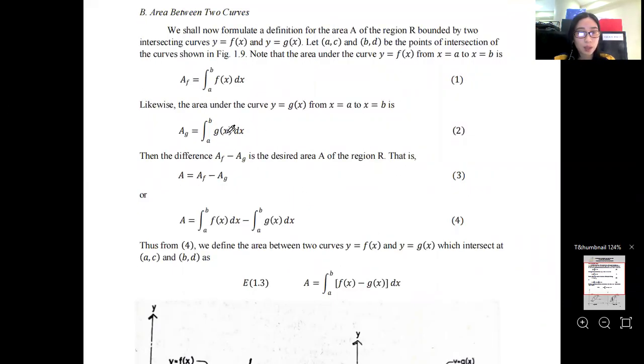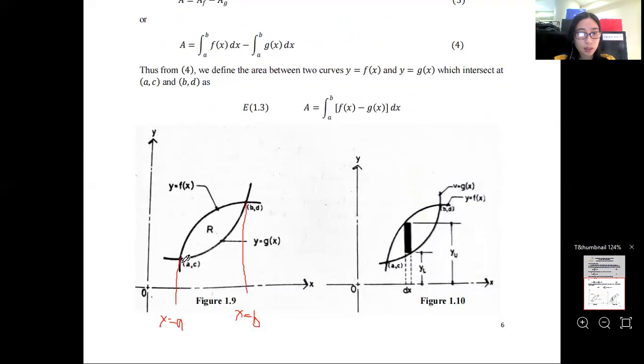so if this is the first curve, y is equal to f of x, then the limit is x equal to a to b. Then the second curve, which is y is equal to g of x, also has the limit from a to b.